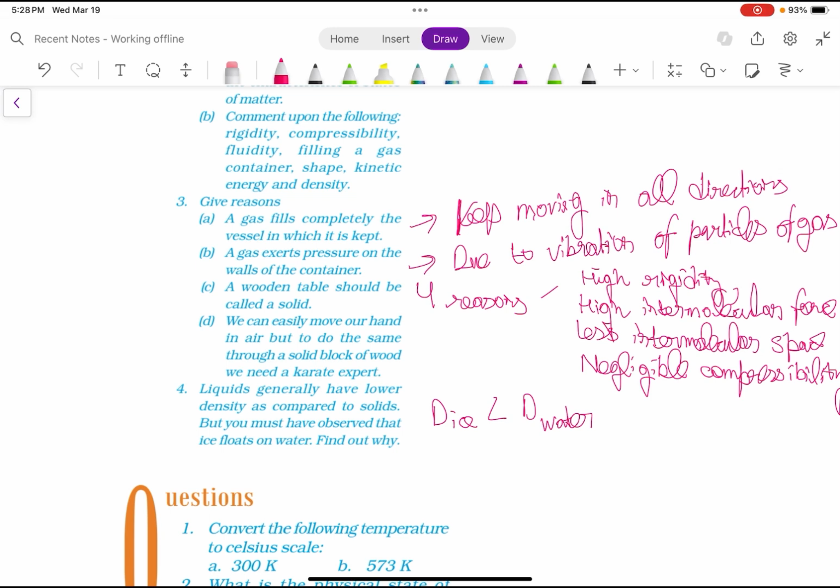These bonds are constantly breaking and reforming, allowing molecules to come close together, resulting in higher density. When water freezes, the molecules arrange themselves in a hexagonal crystalline structure due to hydrogen bonding. This structure creates open spaces between molecules, making ice less dense than liquid water.